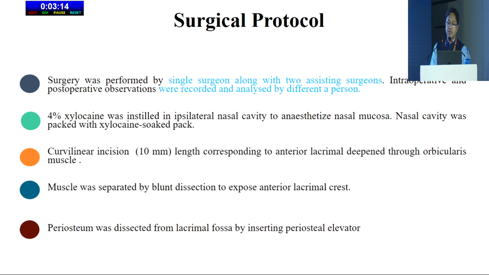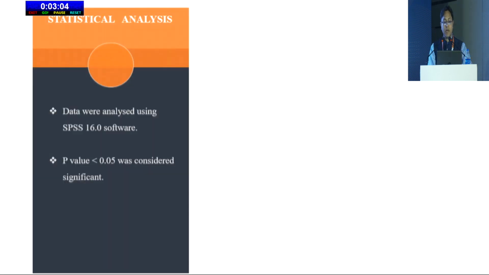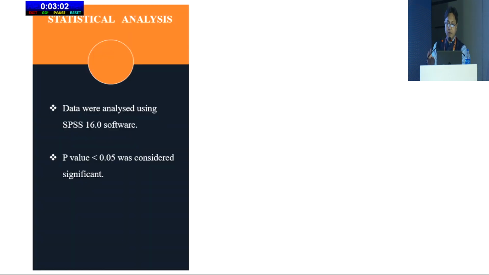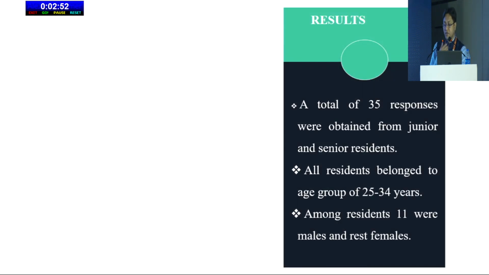All the surgical steps prescribed in the traditional books were done in the same way. There was no change in it. The data we got was analyzed with SPSS software, and the p-value was considered to find out whether any significant improvement is there or not. So I'm coming to my results and observations.